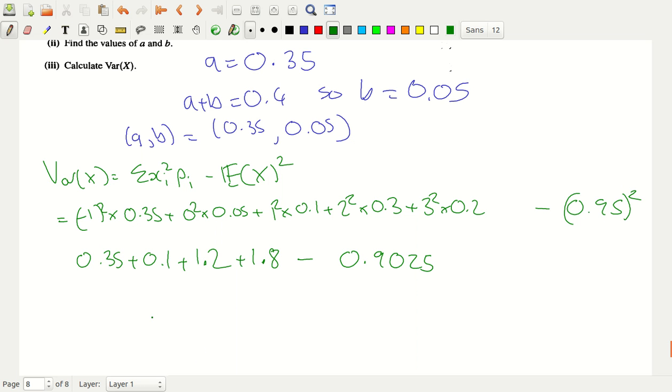So we've got 3.45 minus 0.9025, which I think is 2.5475 for the variance.